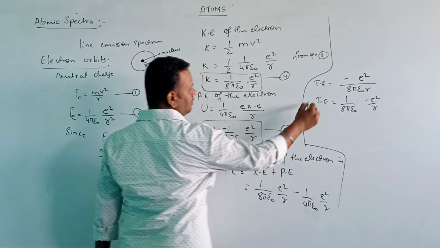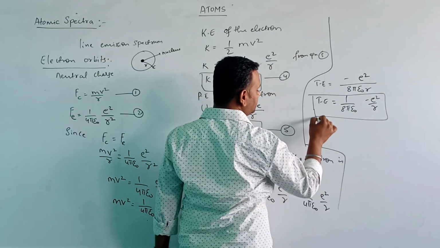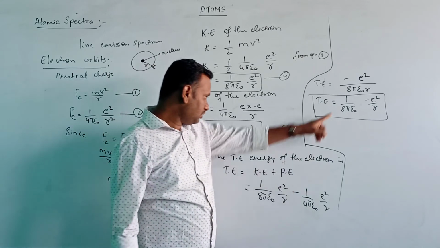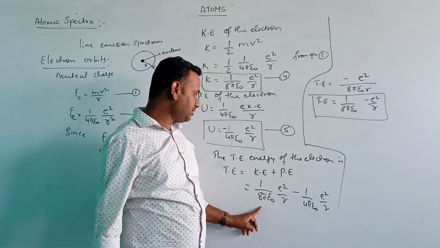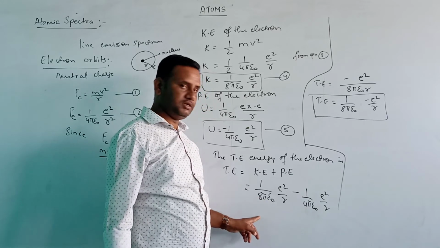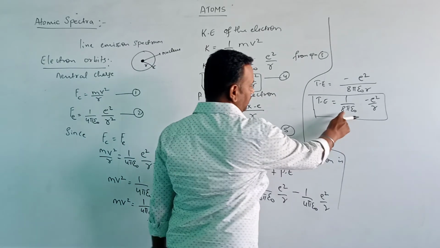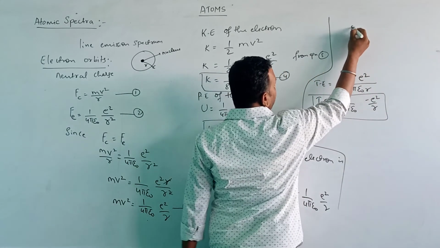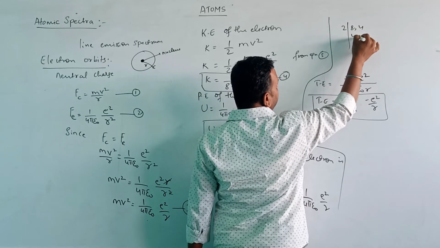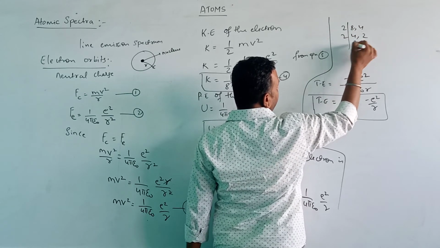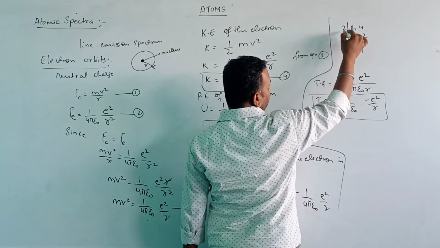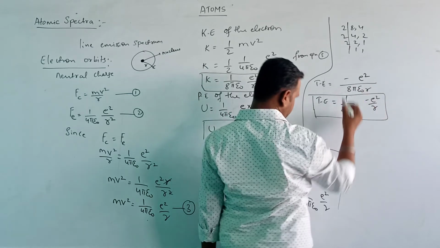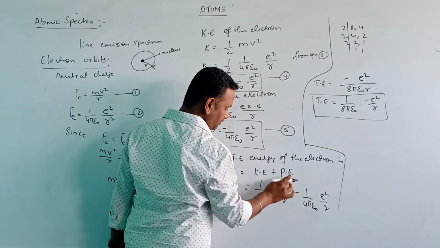Here I am taking 8 as the LCM: 8 ones are 8, and 4 twos are 8.